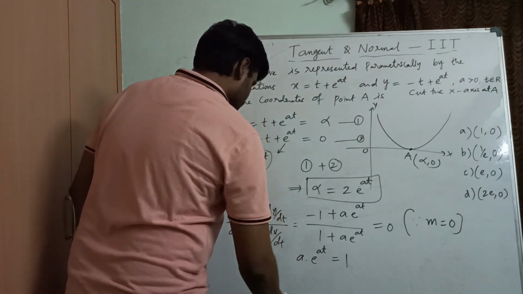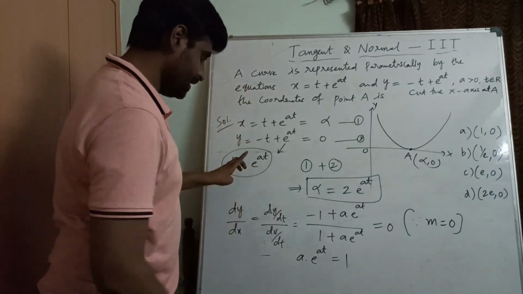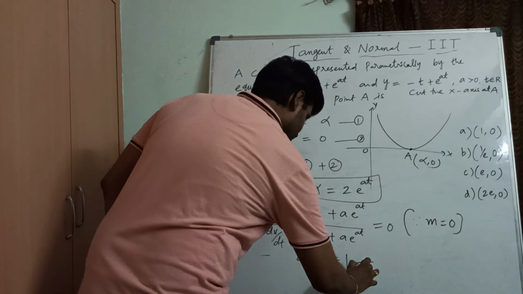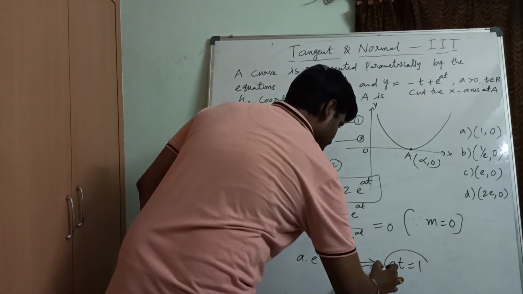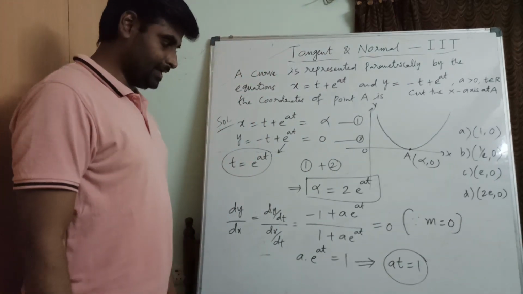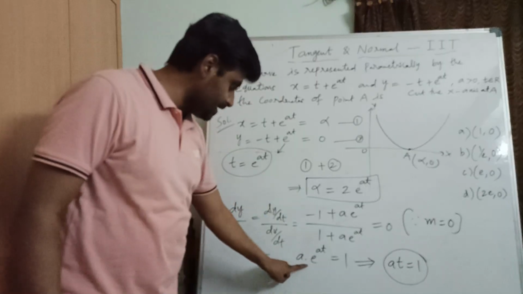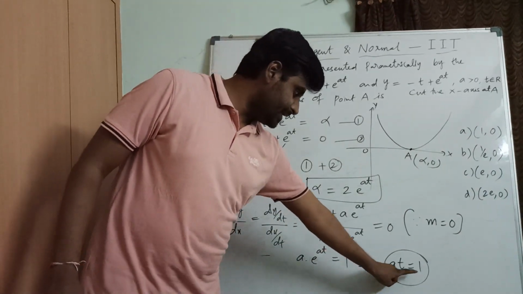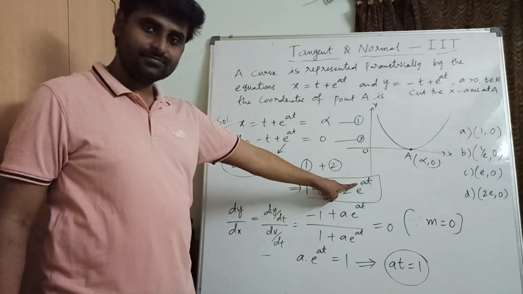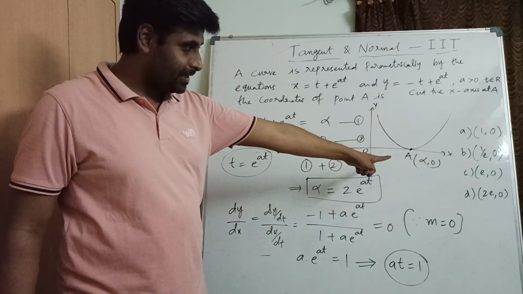So a into e power at equals 1, which is the value of at. That at value we can substitute here. That is the first coordinate of that point.